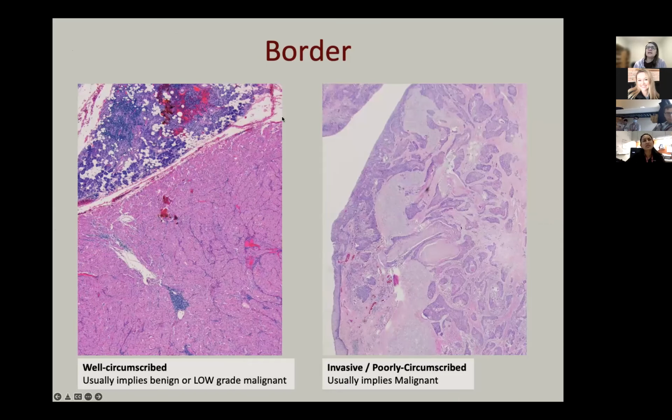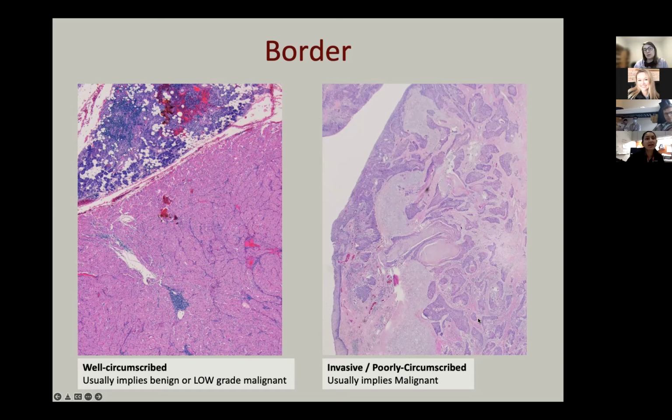Certainly something that is well circumscribed, has a clean edge, generally can imply something benign or something low-grade malignant. Generally something that is infiltrative, invasive, or poorly circumscribed, you can see these nests of cells infiltrating between this normal cartilage in the middle here, usually implies something of malignant behavior.